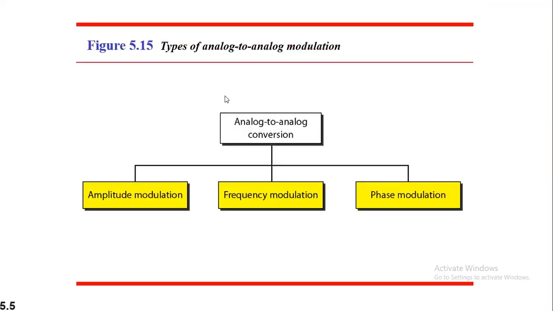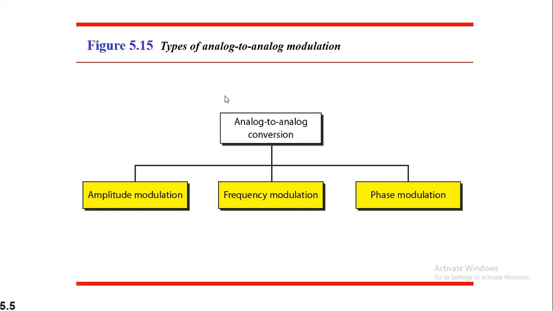Then we have analog to analog conversion, where we convert analog signal, low pass analog signal, to bandpass analog signal. Under this scheme, we have three different techniques. One is amplitude modulation, then frequency modulation, then phase modulation.